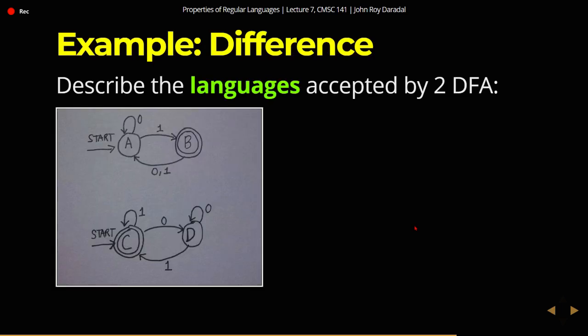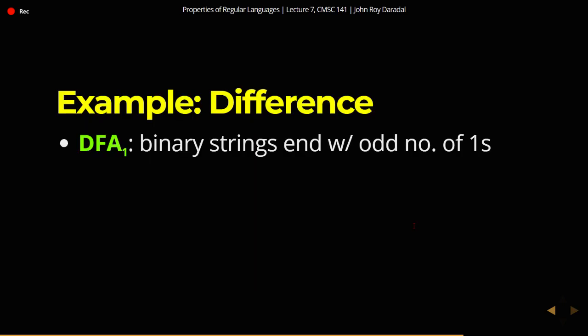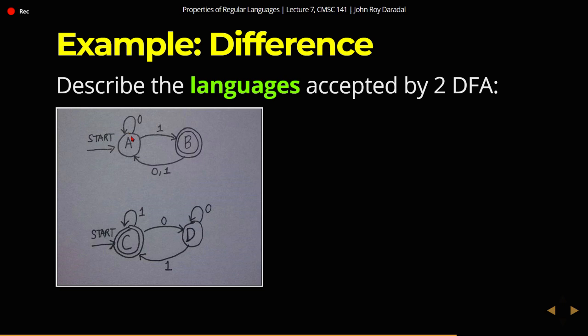The reason for that is, if we describe the languages of the two DFAs, we'll see that the first DFA gives you binary strings that end with an odd number of ones. Going back here, as long as you end with an odd number of 1s, for example, ending in 1, that's odd, so you will be accepted.